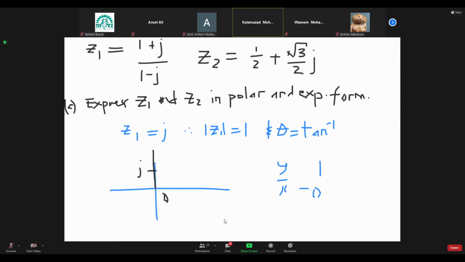So the angle is in fact 90 degrees. So theta here would be 90 degrees.